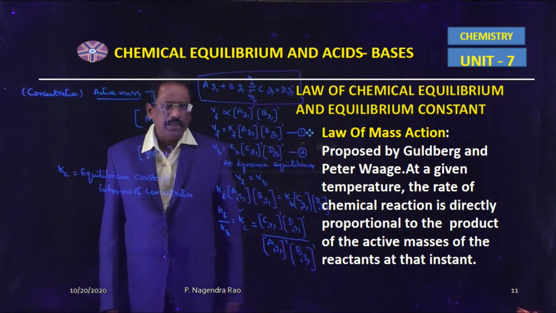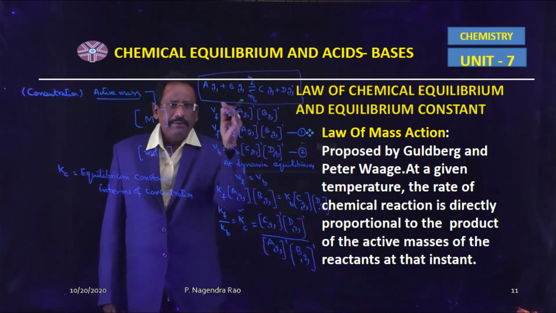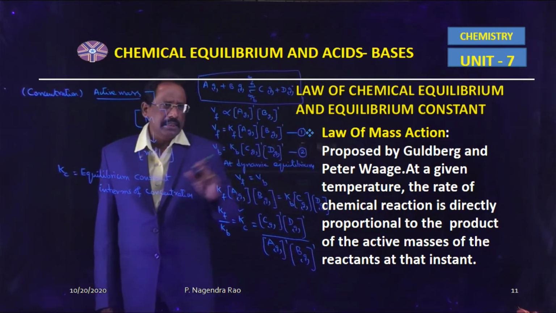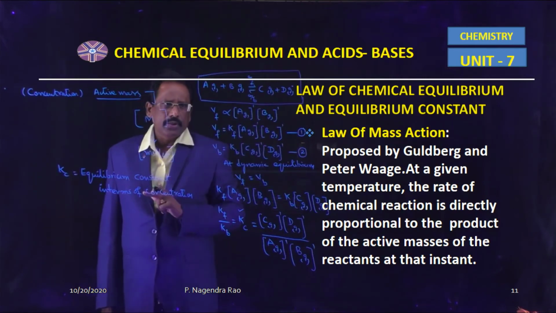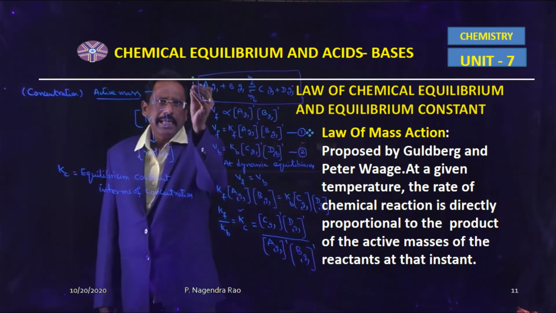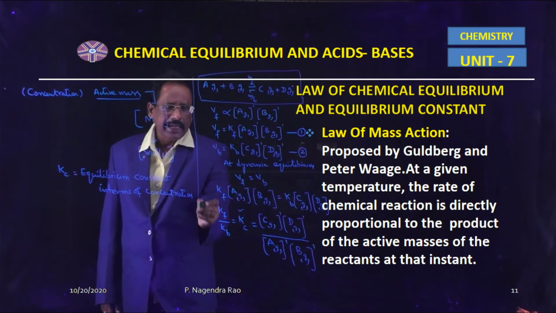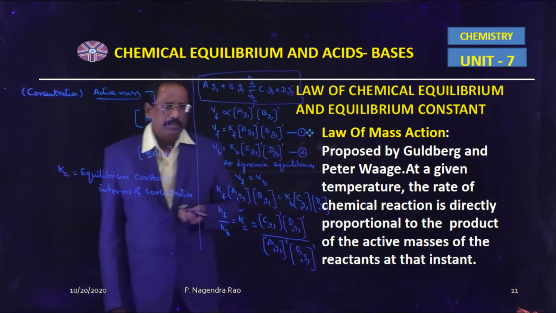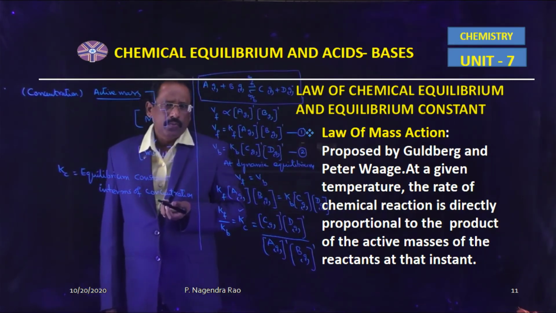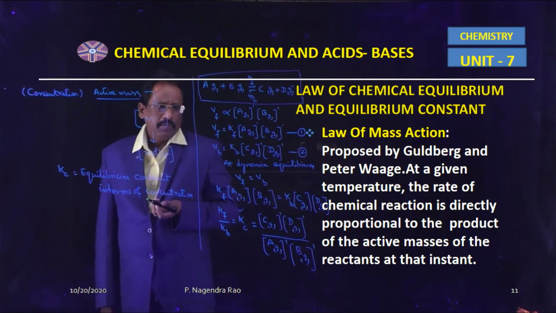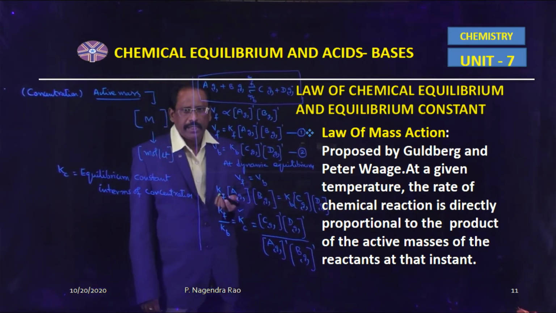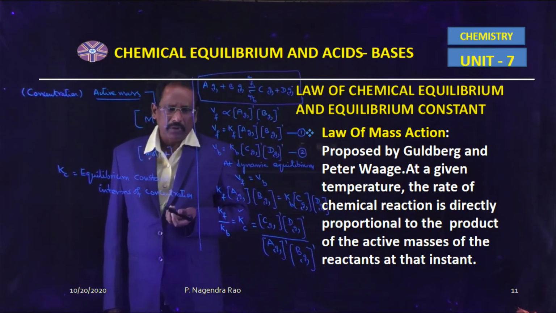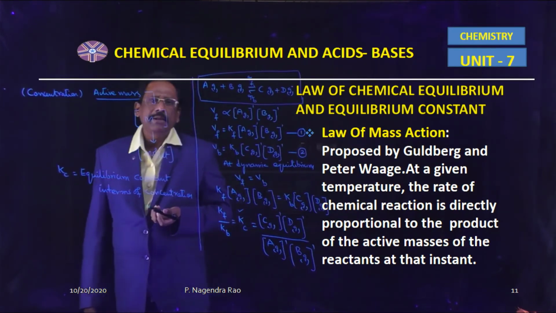According to the law of mass action, at a given temperature, the rate of chemical reaction is directly proportional to the product of active masses of the reacting substances. At a dynamic equilibrium, the forward reaction is equal to the backward reaction. Now the equilibrium constant Kc is equal to Kf by Kb.